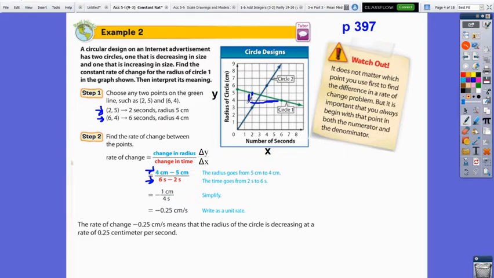So the radius goes down 1 centimeter for an increase of 4 seconds, meaning that the rate of change for this graph, circle number 1, is negative 1/4 centimeters per second, or negative 0.25 centimeters per second. And this is like an advertisement that has 2 circles moving on it, so that it means that the radius of circle 1 is decreasing at 0.25 centimeters per second.